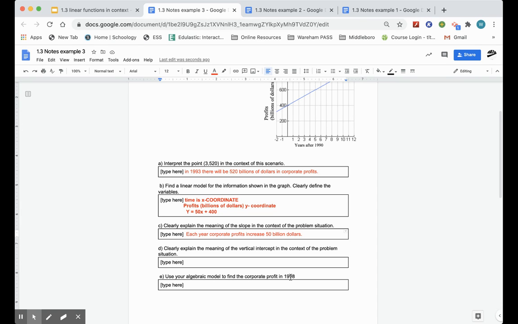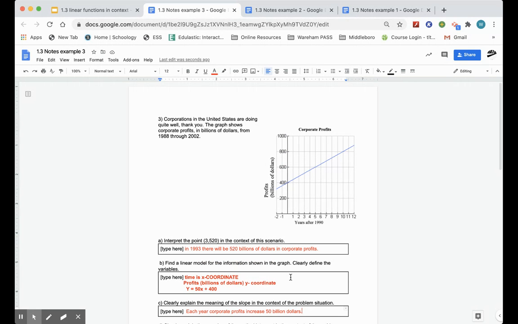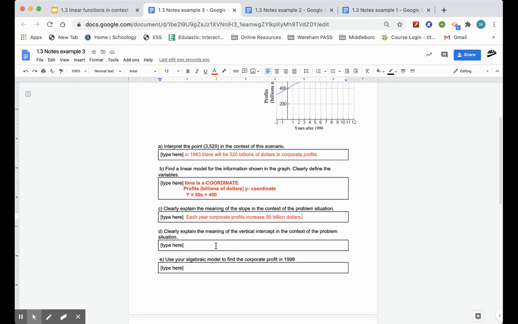So in 1990, when this started, corporate profits were at 400 billion. So in 1990, corporate profits started at $400 billion. That's your initial value. Your y-intercept is your initial value.